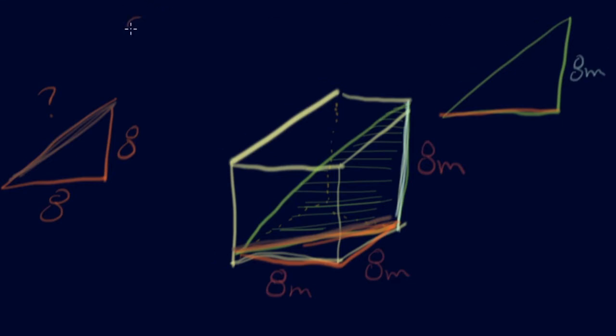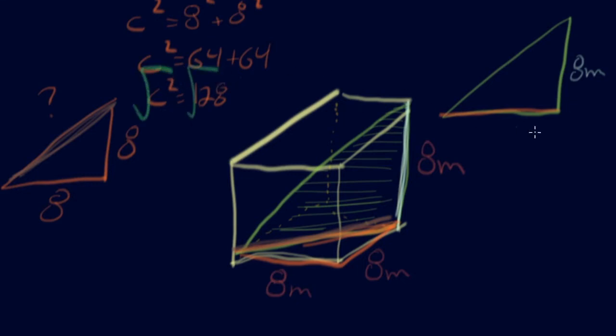Again, we're solving for c squared. So c squared is equal to 8 squared plus 8 squared, so c squared is equal to 64 plus 64. That's going to be c squared is equal to 128. So I need to take the square root of both sides.